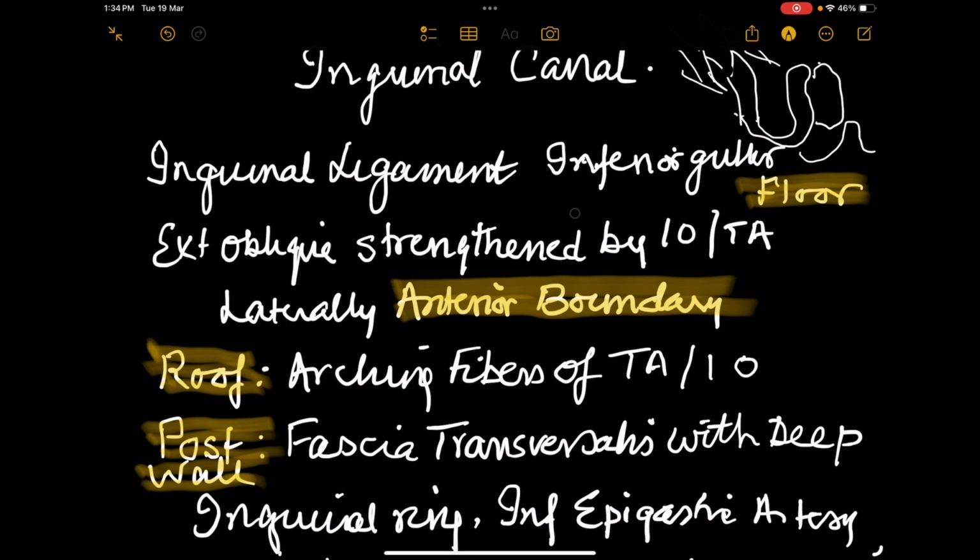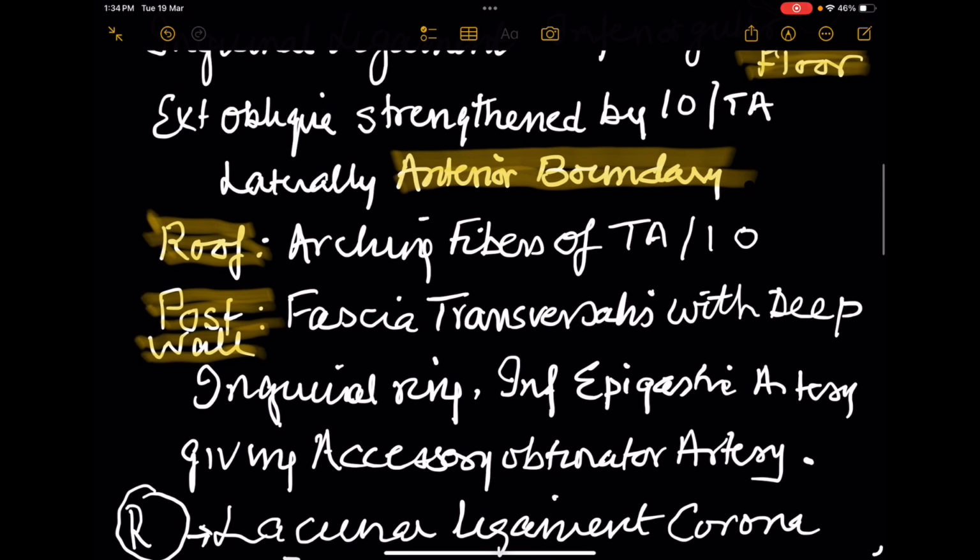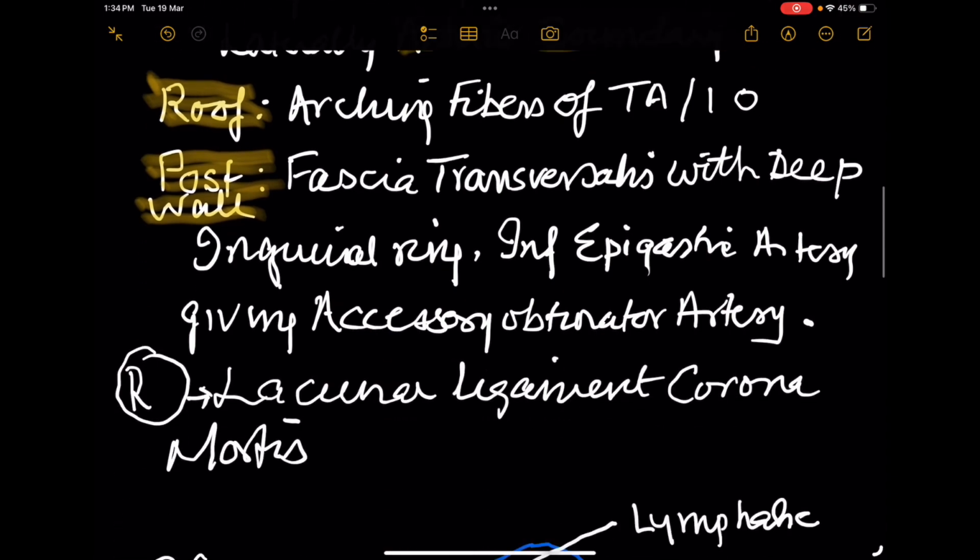To repeat, the inguinal ligament is the inferior gutter, and the external oblique strengthened by internal oblique and transversus abdominis laterally forms the anterior boundary. The roof is the arching fibers of the transversus abdominis and internal oblique, and the posterior wall is fascia transversalis with a deep inguinal ring and an inferior epigastric artery, which is giving the accessory obturator artery.